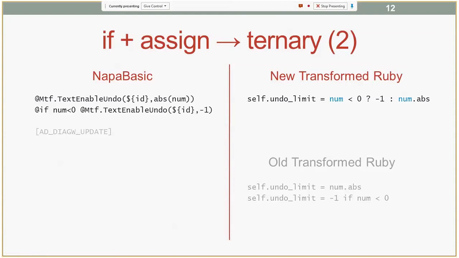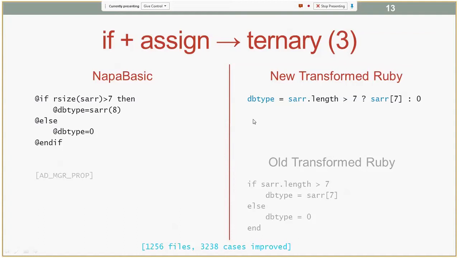So we had in the old transform a similar pattern, and that enables this optimization rule to produce a ternary expression here, which looks very nice. And you can see the elimination of duplication here is even more, because we have a more complex expression in the original and much more duplication.